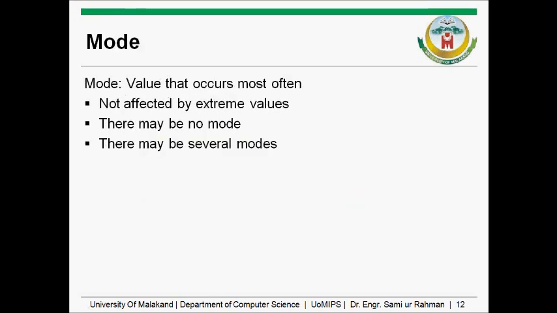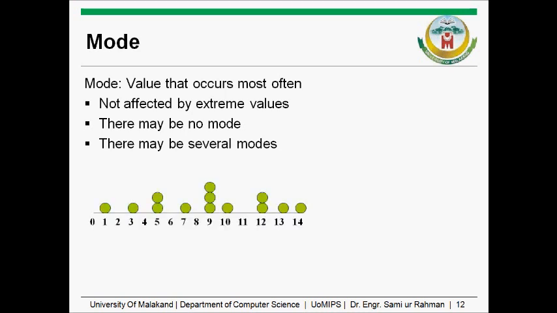And then the other interesting value is mode. In mode you consider the whole number of samples and count how often a given value has occurred in the given samples.